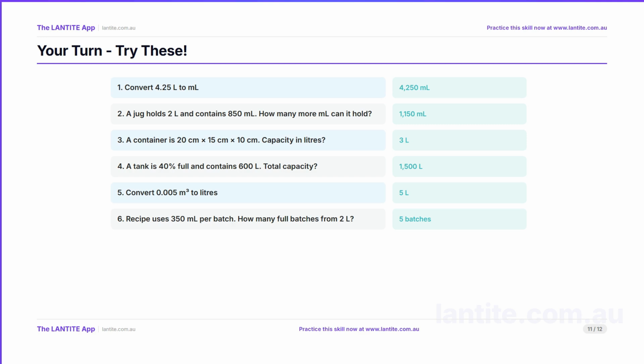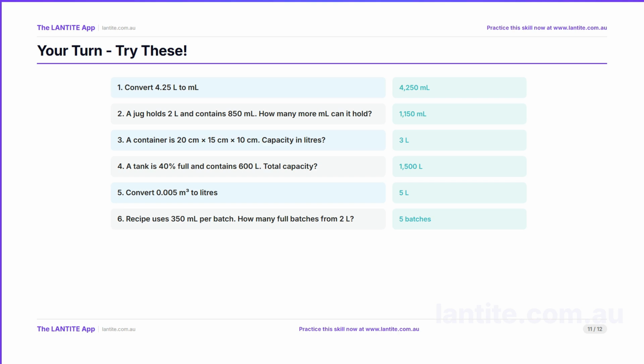Now it is your turn. Pause the video and try these 6 problems. Problem 1. Convert 4.25 liters to milliliters. Problem 2. A jug holds 2 liters and currently contains 850 milliliters. How many more milliliters can it hold? Problem 3. A container measures 20 centimeters by 15 centimeters by 10 centimeters.